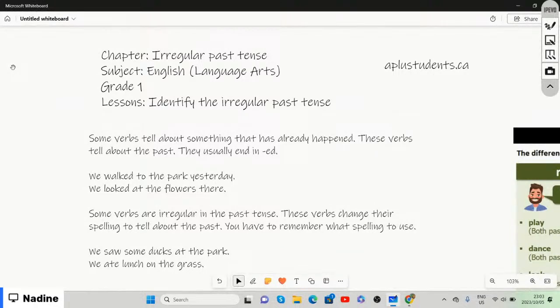Our subject is language arts, or English, grade 1. And the lesson that we are going to be focusing on today is to identify the irregular past tense.